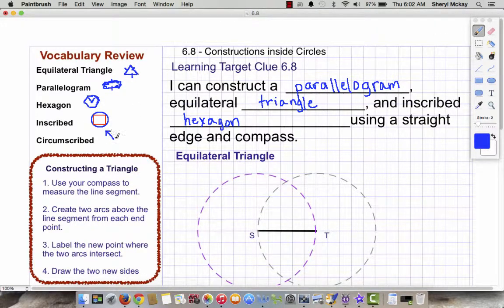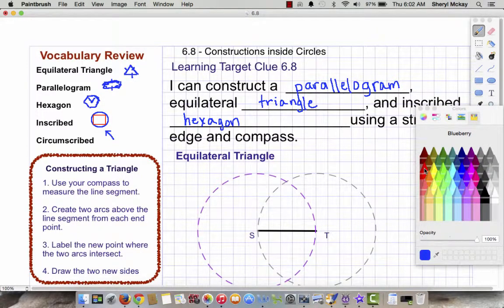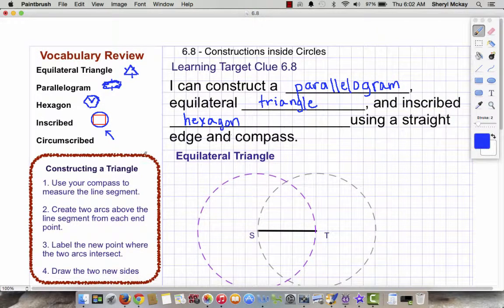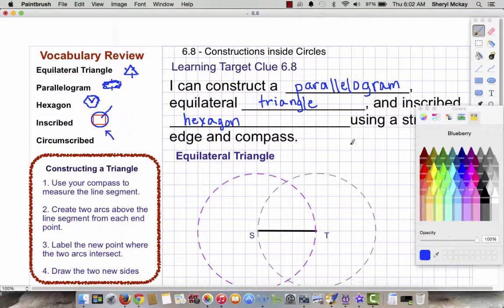The circle circumscribes the rectangle, and inscribed talks about the rectangle. The rectangle is inscribed. So inscribed talks about the rectangle, circumscribed is describing the circle, but they're both describing the same thing, okay? Some quadrilateral or some polygon inside a circle, okay? All right, let's get started.